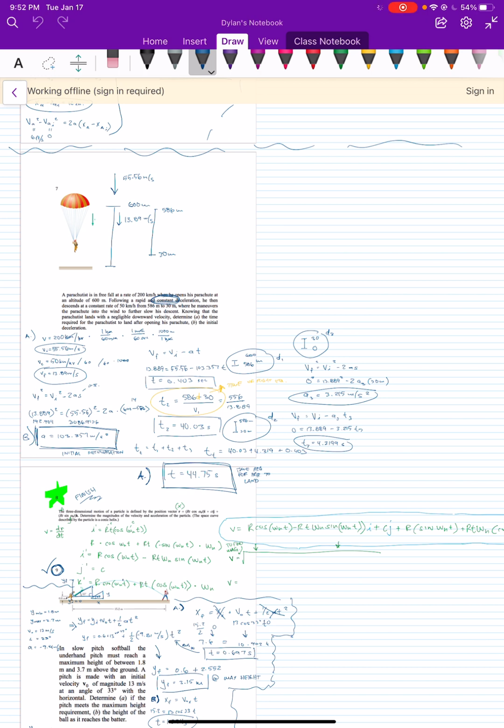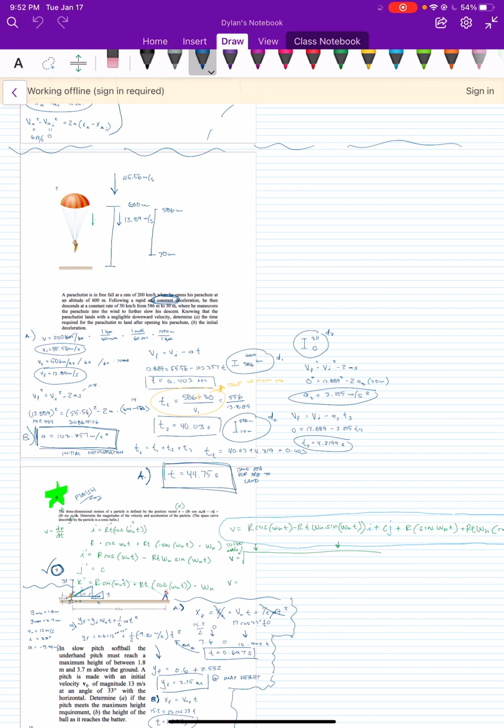And basically was able to plug all of my units in there and get, let's see. I had to solve for time first with VF equals V initial minus AT.